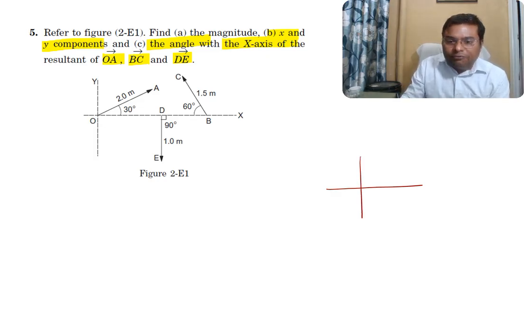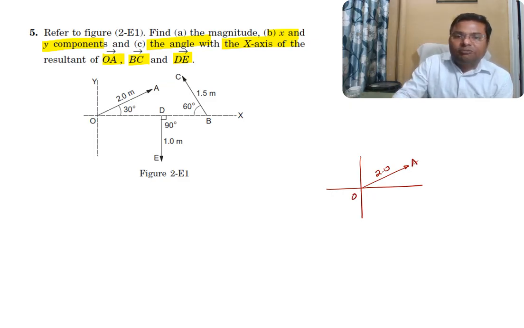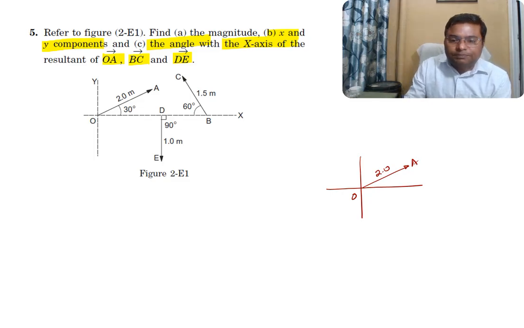So this is vector OA, 2.0. Now the next vector is vector BC.